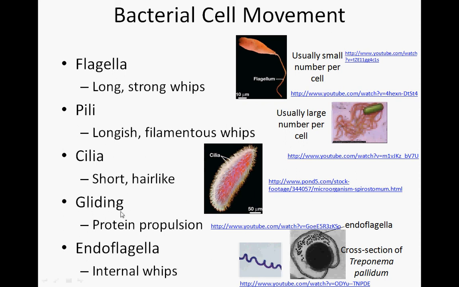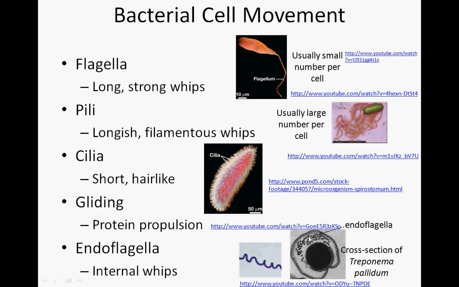The last type of motility that we want to talk about is motility involving endoflagella. This is kind of an interesting situation, and this is typically seen in types of bacteria called spirochetes, which are shaped like corkscrews. Endoflagella are flagella. They're structurally just like this. They're just as long, they're just as strong, but they're not sticking out of the cell. They're actually embedded under the membrane.